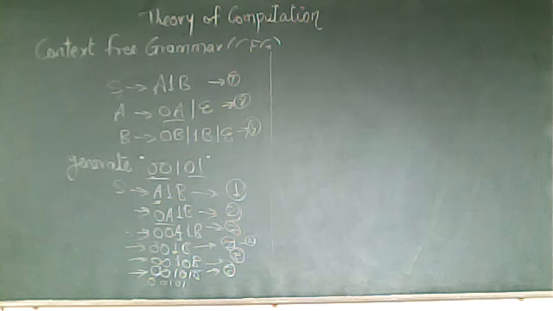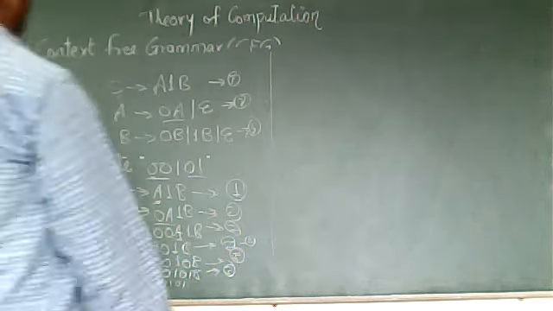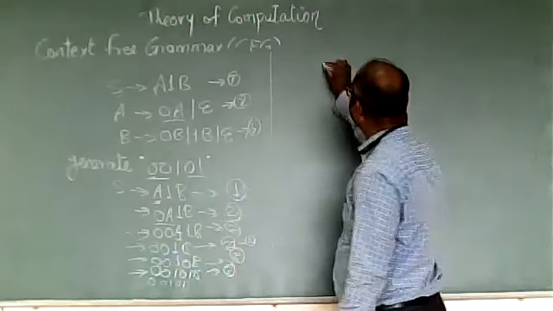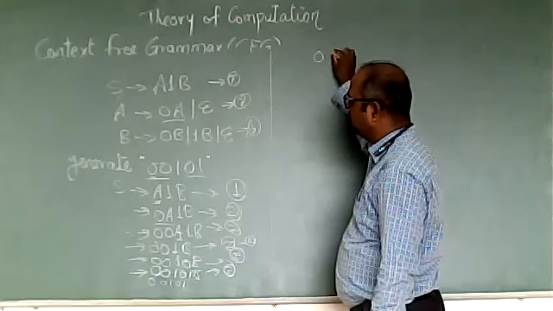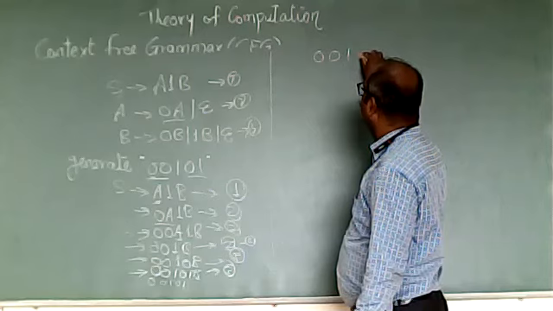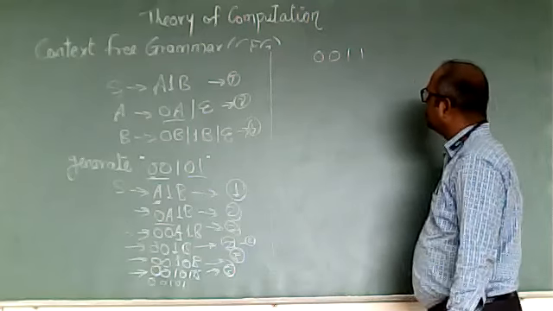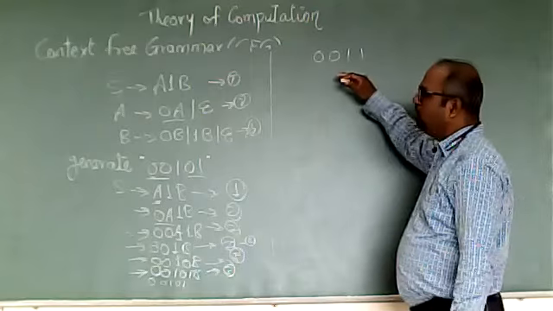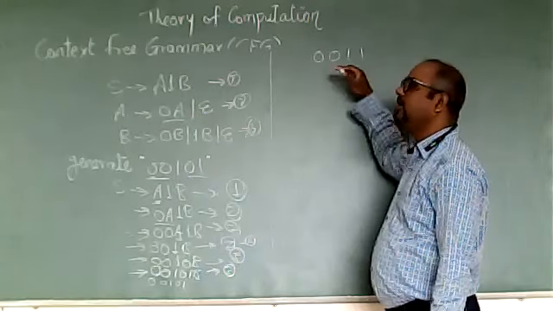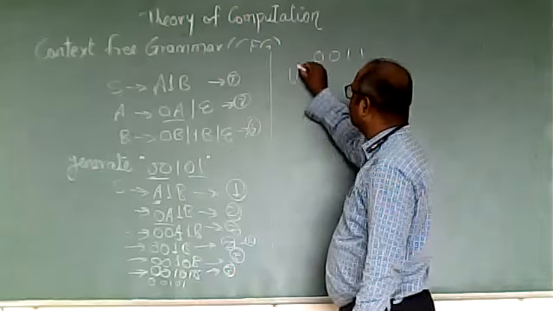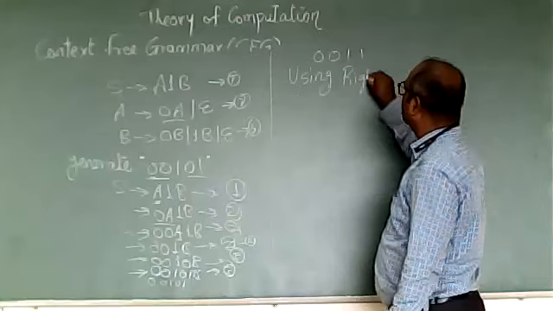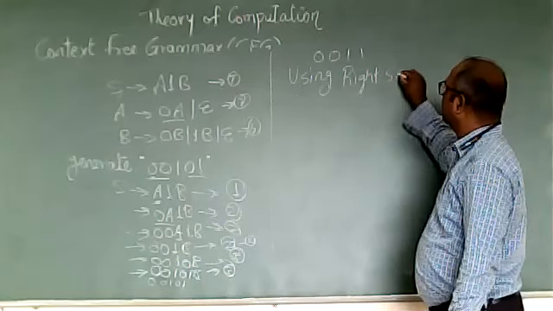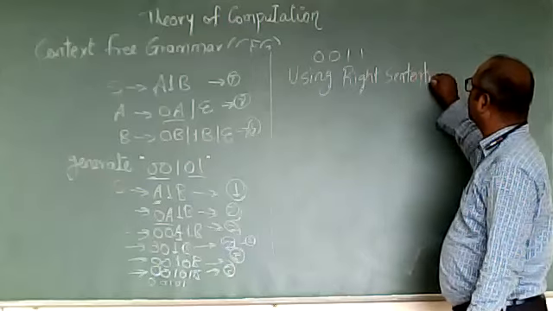If we want to generate the string 0, 0, 1, 1 with the help of the right sentential form, because in the exam it is given to use the right sentential form or the left sentential form.